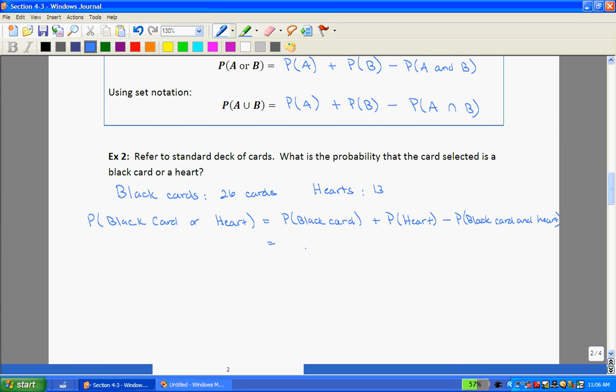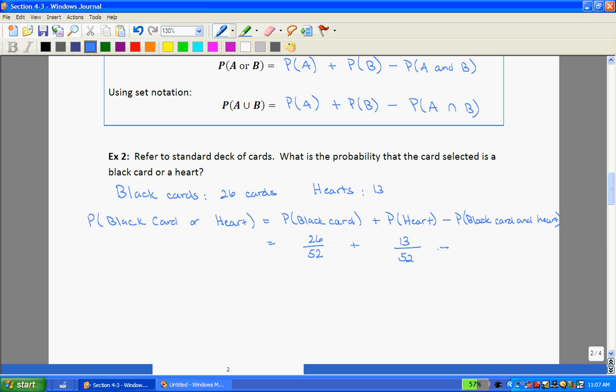Well, in every case, remember the denominator is going to be 52 because there's 52 possibilities. So if I'm interested in the event of pulling a black card, that's 26 out of 52. The probability of pulling a heart would be the 13 hearts we know are there out of 52 possible.